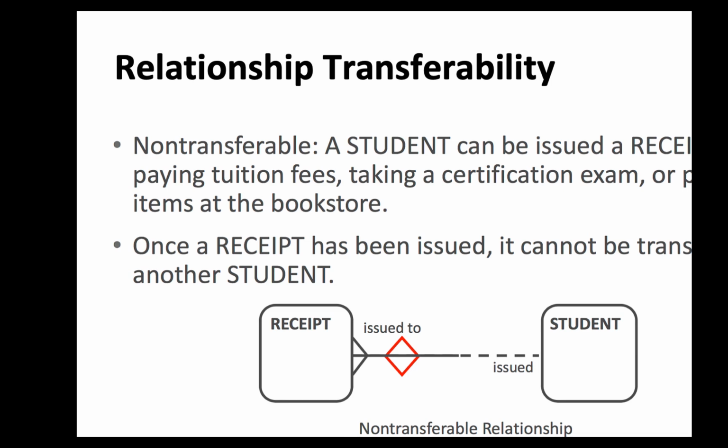So if one fee challan or receipt is issued to some particular student, then it is non-transferable. You cannot change the student entity. If your business rule says this, then you only have to put this small diamond on the relationship, and it will show that this relationship is non-transferable.